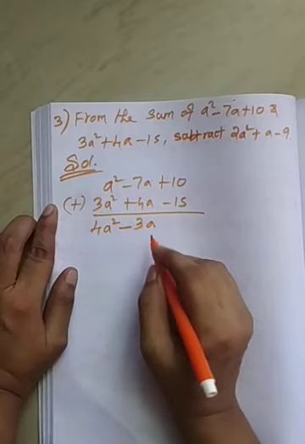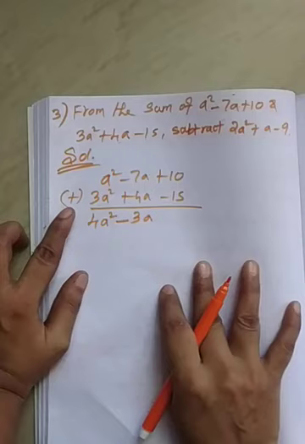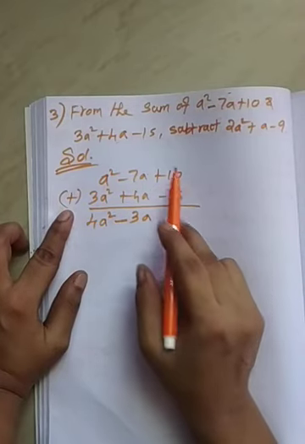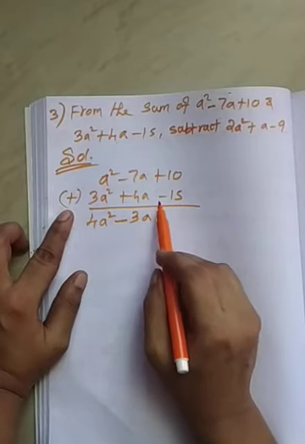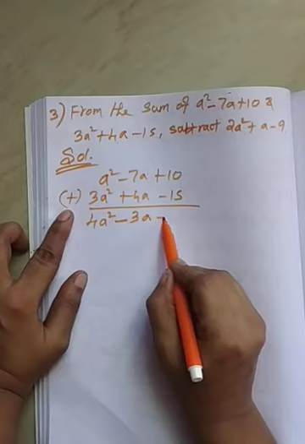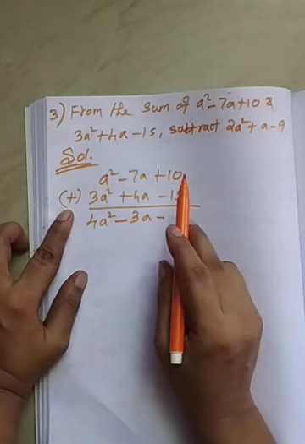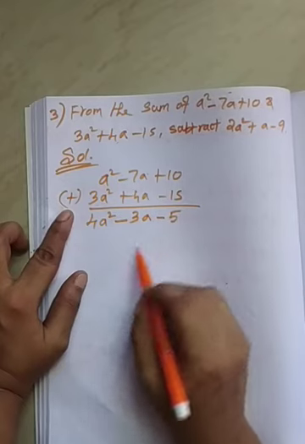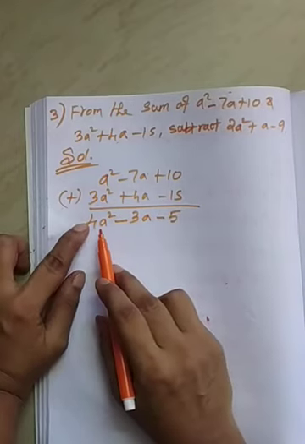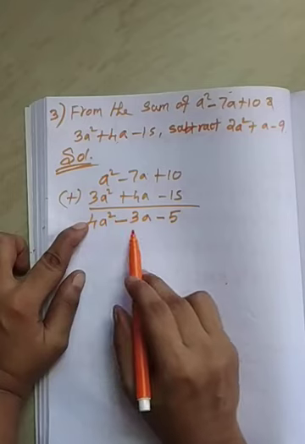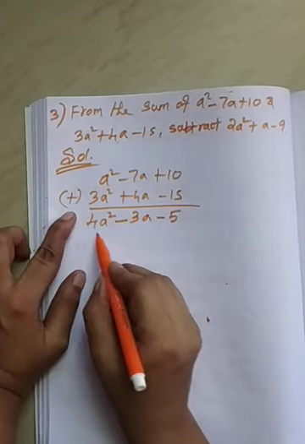So minus 3a. After that, see here, which one is the largest value? 15, and that sign you have to put. Next, subtract the largest value minus the smallest value. What is 15 minus 10? 5. So you will get another expression, that means 4a squared minus 3a minus 5.